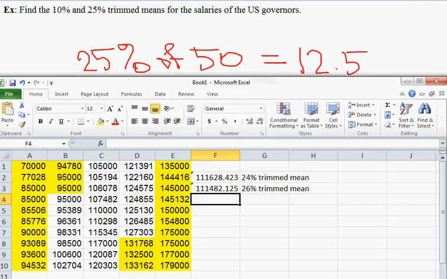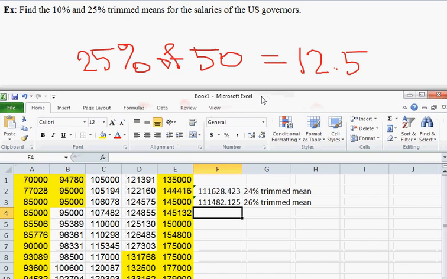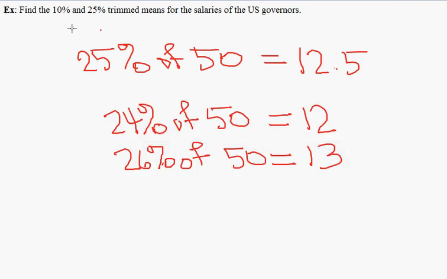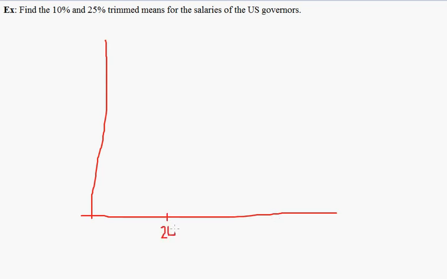Okay, so now that I have these numbers, what I need to do is interpolate. Let's draw a little chart here in my Paint program. Basically, I'm going to pretend here's 24 and here's 26.